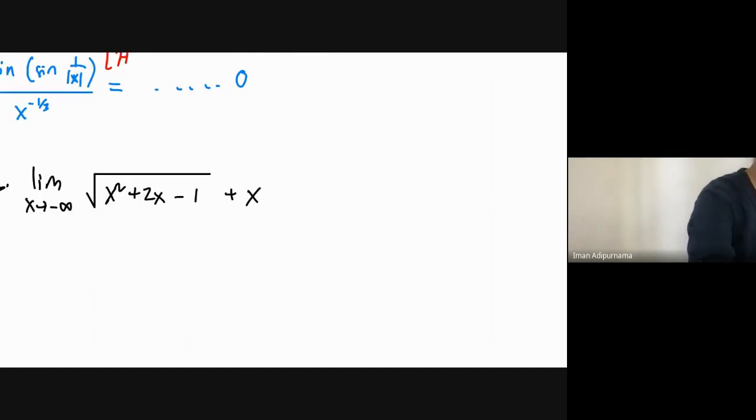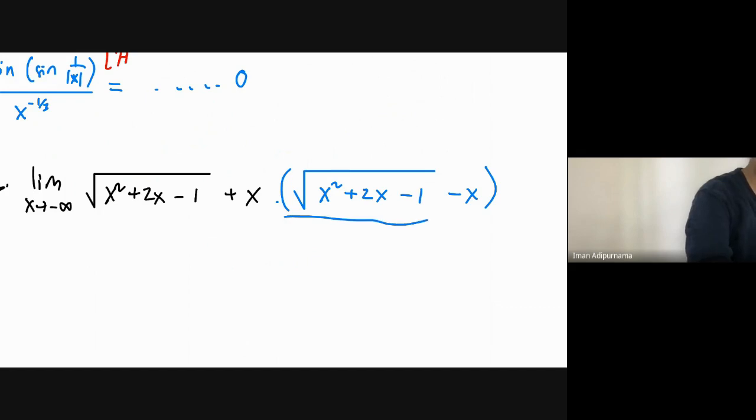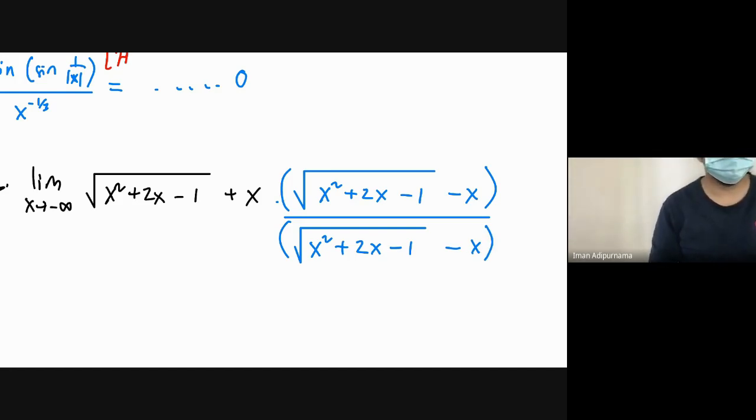So I'll multiply this with the conjugate, so the first one is just taking x squared plus 2x minus 1.